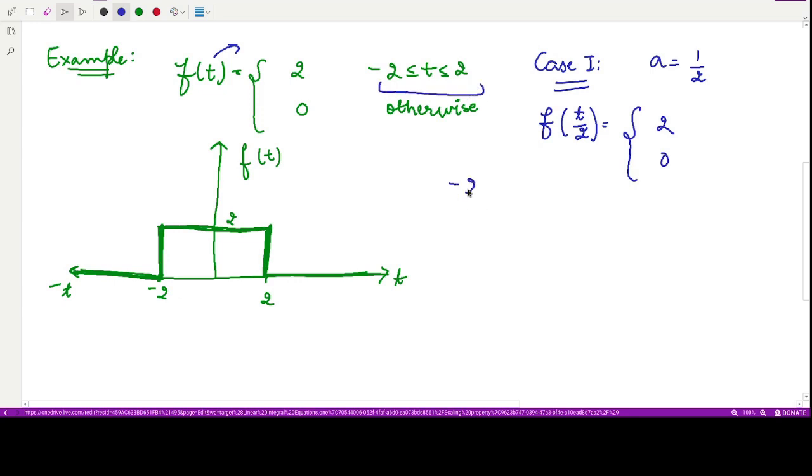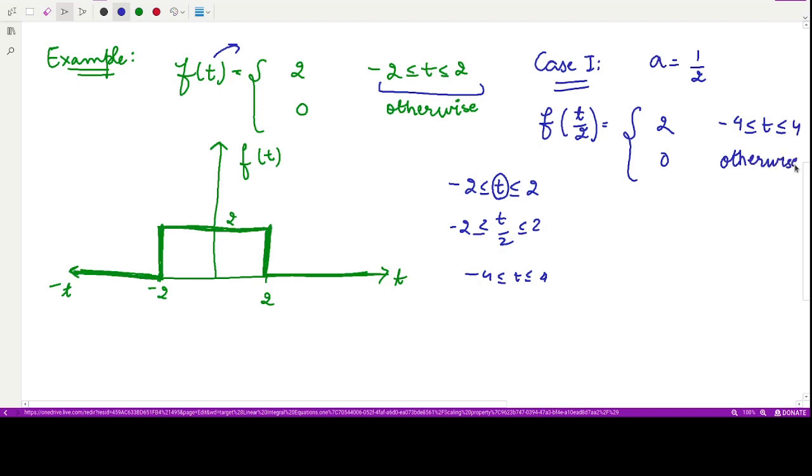Instead of -2 to 2, instead of t, we are now having t by 2. So this would be your interval. Finally when you remove this 2 from here, you have -4 to 4. So your interval now changes from -4 to 4 and it is 0 otherwise.